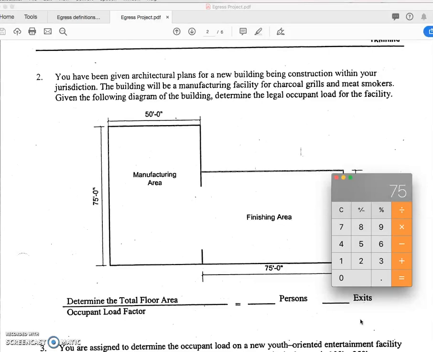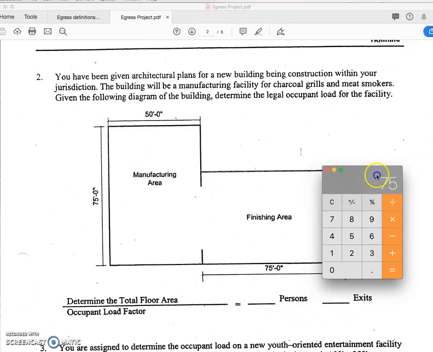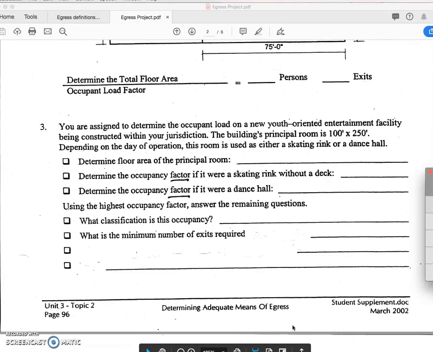Now, again, we might end up having more exits than that, but that is what was required. Okay, in a manufacturing area, they're factoring in the fact that you are going to have equipment in there. So that's why they're giving you fewer people.